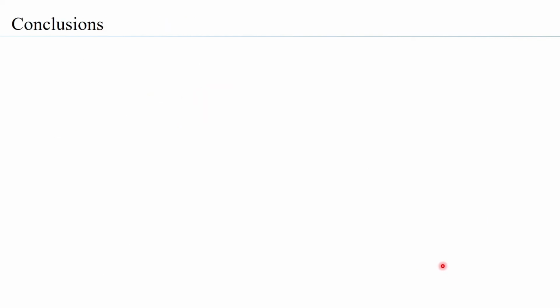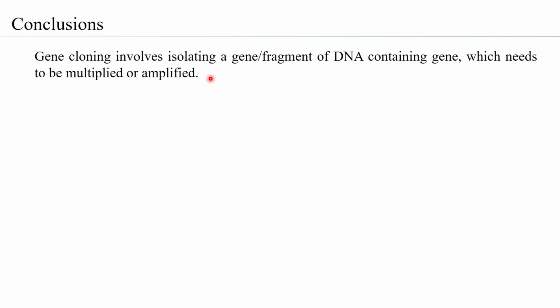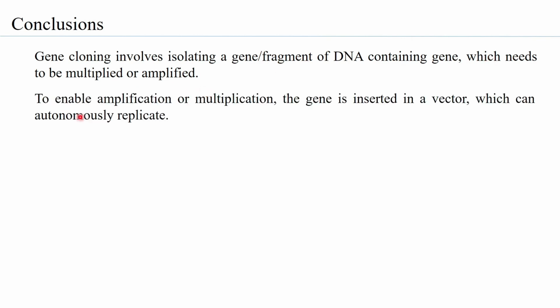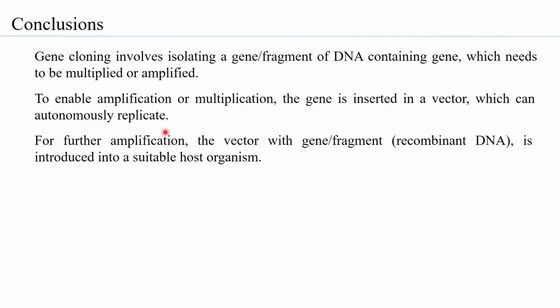So let us make the conclusions. Gene cloning involves isolating a gene or fragment of DNA containing the gene, which needs to be multiplied or amplified. To enable amplification or multiplication, the gene is inserted into a vector which can autonomously replicate.